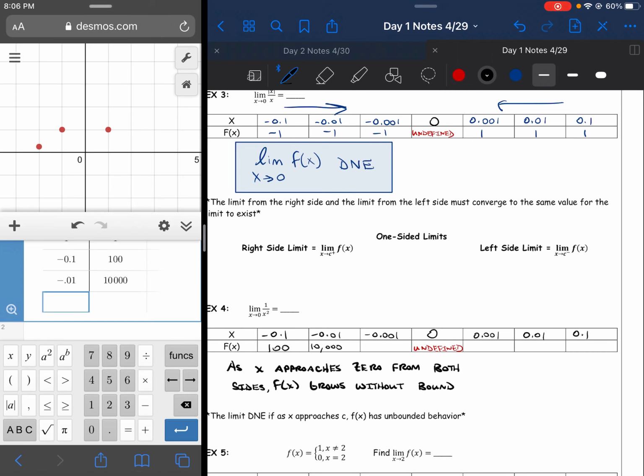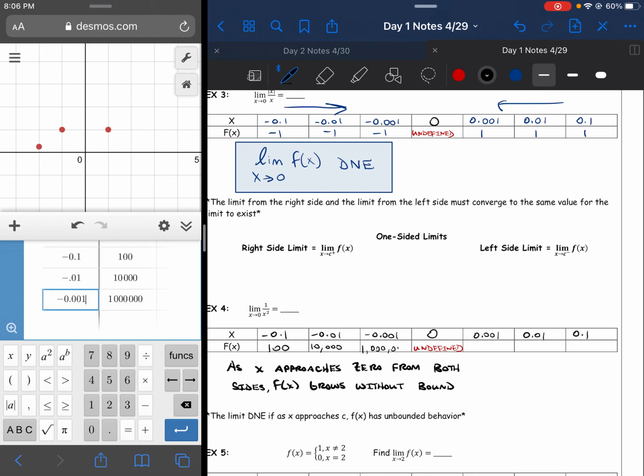And then negative 0.001, we get 1 million. So if we look at the pattern here, it looks like the closer and closer we get to 0, the function values, the y values, are just blowing up larger and larger. Okay, so as we get closer to 0, this thing is growing out of control.